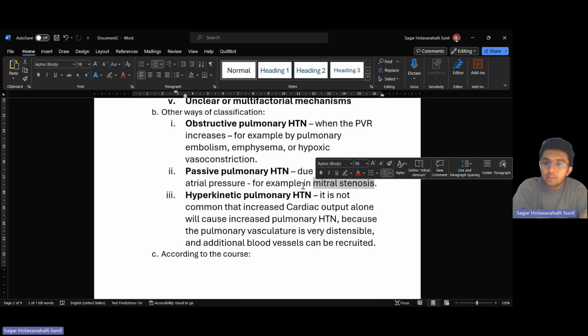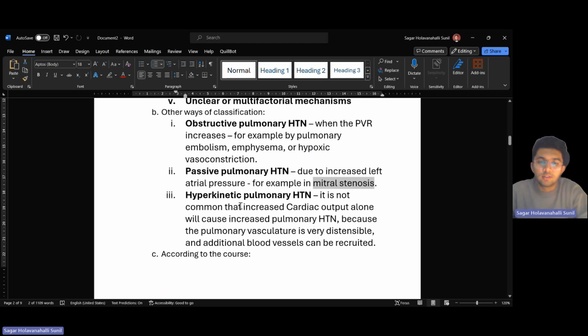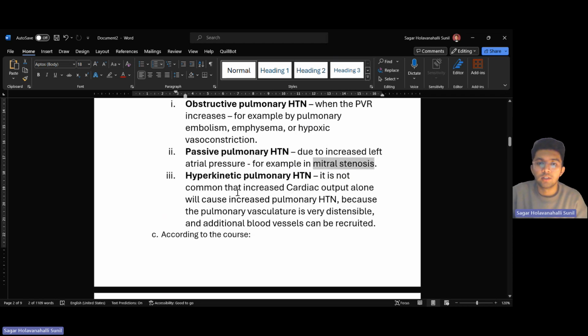Then you have hyperkinetic pulmonary hypertension. This is quite rare. How do I explain this? Essentially, the pulmonary vasculature is very distensible, right? And additional blood vessels can be recruited. So ideally, this shouldn't be causing hypertension, but there can be certain situations where the blood flow is so high as a result of increased utilization of vasculature, right?